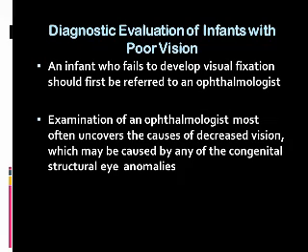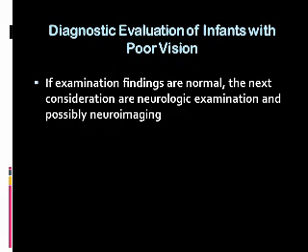In diagnosing and evaluating infants with poor vision, an infant who fails to develop visual fixation should first be referred to an ophthalmologist. Examination by an ophthalmologist most often uncovers the causes of decreased vision already, which may be caused by any of the congenital structural eye anomalies.